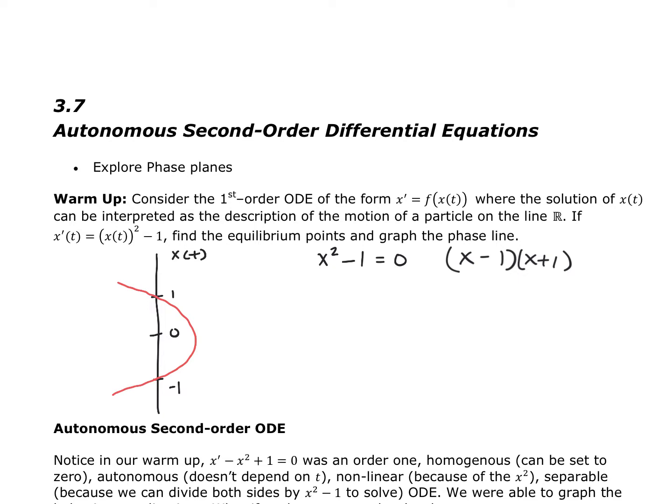Now we can see on this graph, which is basically the regular XY axis rotated 90 degrees, that this would be positive, this would be negative, and this would be positive. So we know in this phase line that since these are positive, they will be moving away from that equilibrium point, vertically, north, or straight up.